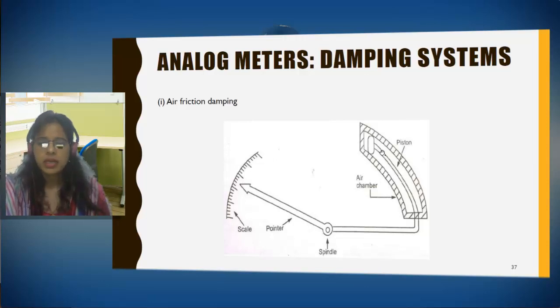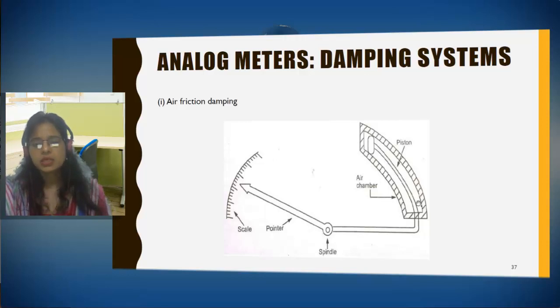When the pointer moves upward, the piston will come outward, and whenever the pointer comes downward, the piston will move inward. Suppose the pointer is moving upward, then the piston will be coming outward. There is air present in the chamber.